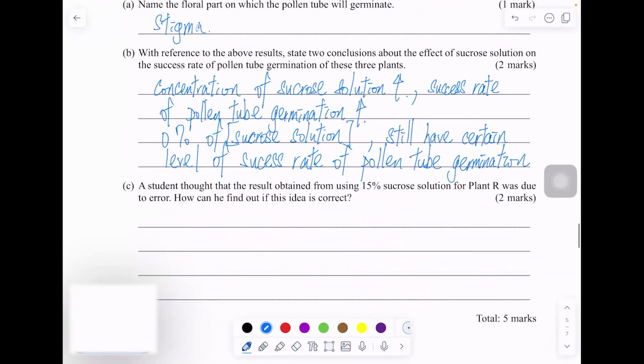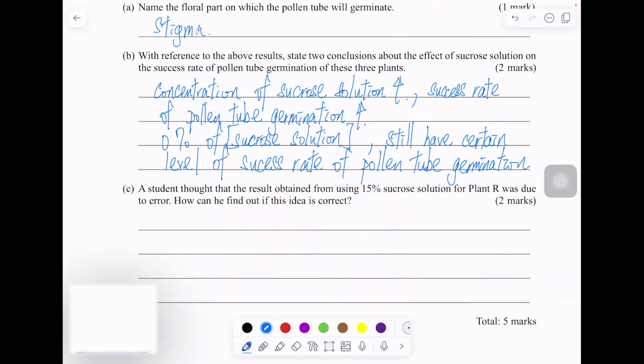Another one would be that the success rate is different in these 3 plants at the same sucrose concentration. The germination rates of the pollen grain of plant Q are the lowest at all the sucrose concentrations used. A student thought that the result obtained from using 15% sucrose solution for plant R was due to an error. How can he find out if this idea is correct?